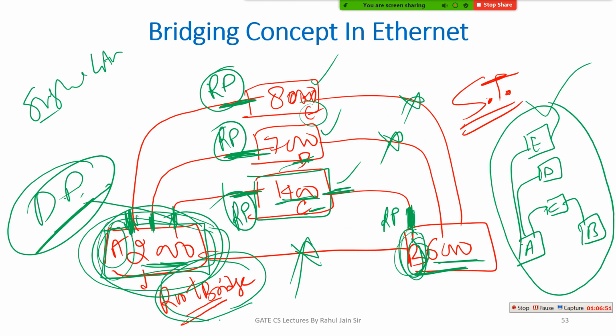If this bridge were not given as the root bridge, then you would consider bridge C as the root bridge. Clear, Manjit? If it is given that A is the root bridge, we need to take A as the root bridge. But if nothing is given as the root bridge, then at that time you will consider C as the root bridge. Is it clear now?